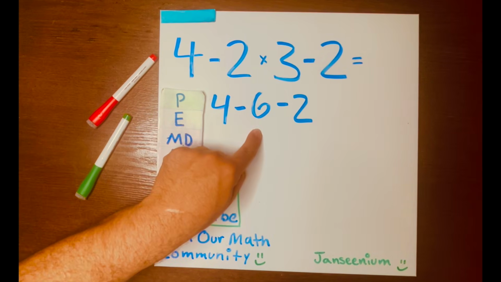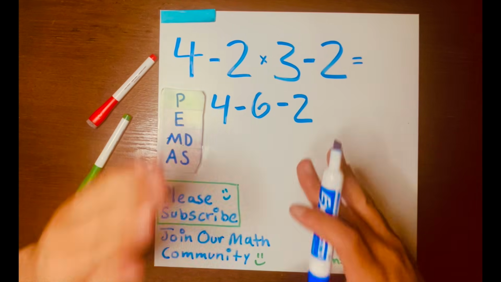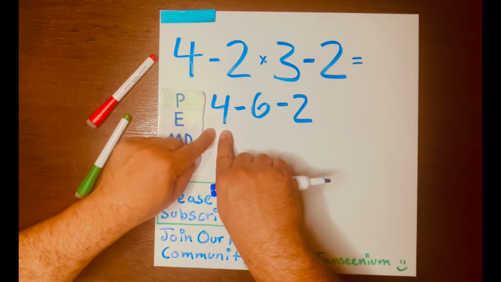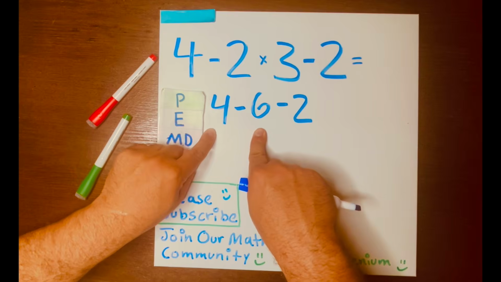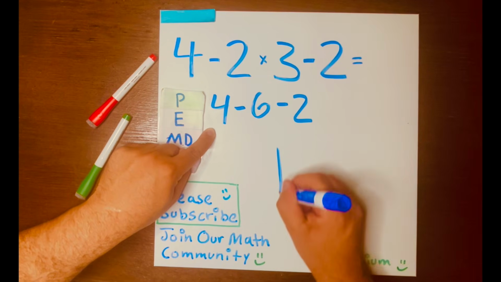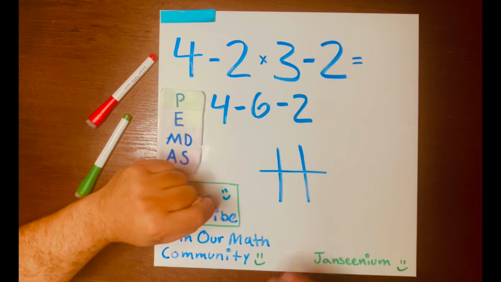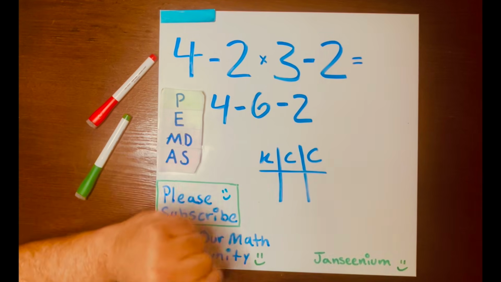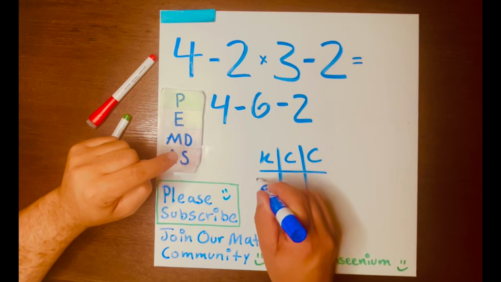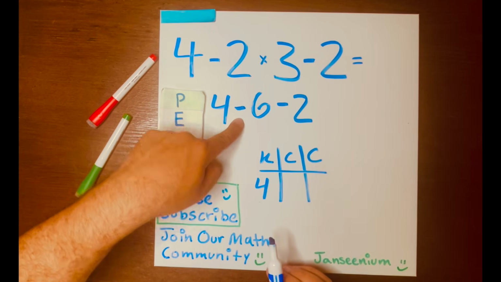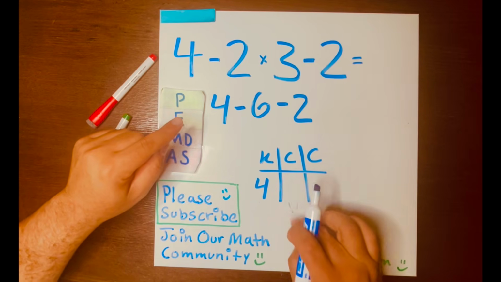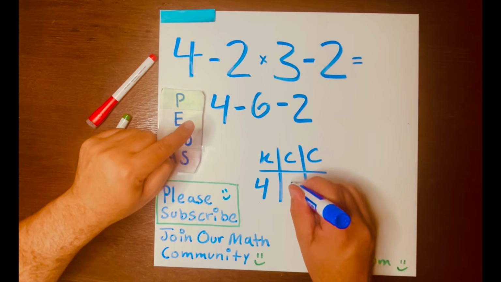4 minus 6. Anytime you're subtracting numbers like this, where the first number is small and the second number is big, I like to organize them in a chart, or table I mean, called keep, change, change. So I keep the first number the same, I change subtraction to addition, and lastly, I change the positive 6 to a negative 6.